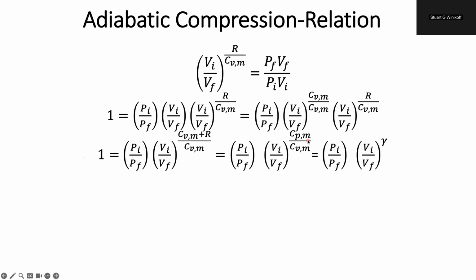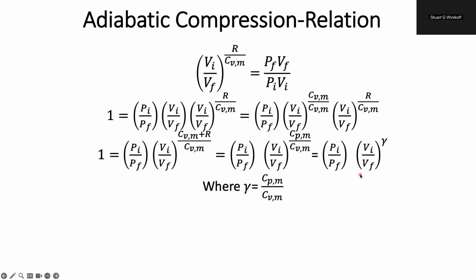Now, because it's awkward to keep saying this ratio of isobaric to isochoric molar heat capacities, we just shorthand this as gamma, where gamma will just represent that ratio of isobaric to isochoric heat capacities. And remember, the isobaric heat capacity should always be greater than the isochoric. So this will always be greater than 1. But it will depend on whether it's a monatomic, a diatomic, or a more complicated gas.